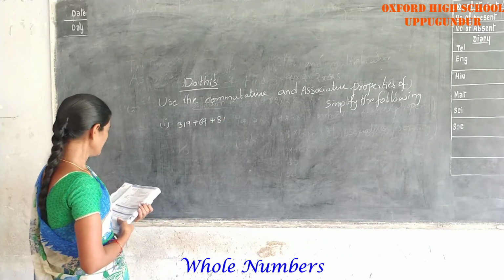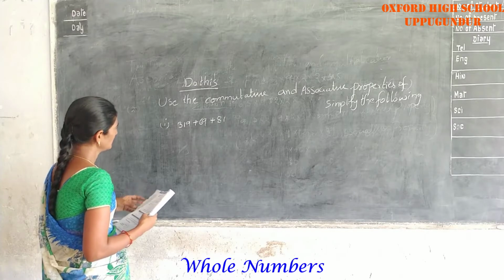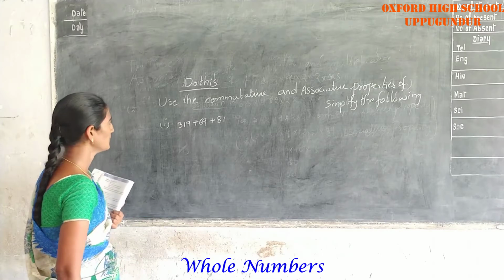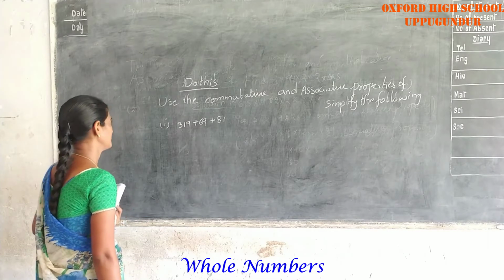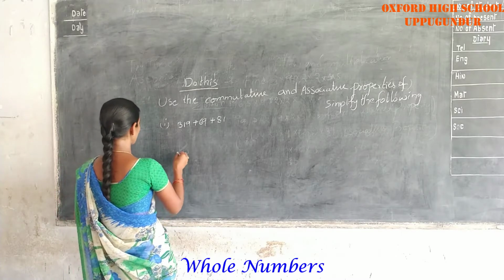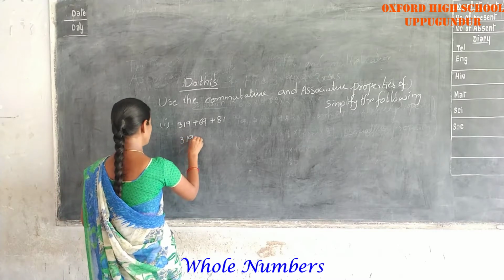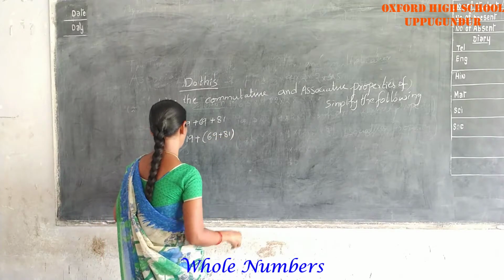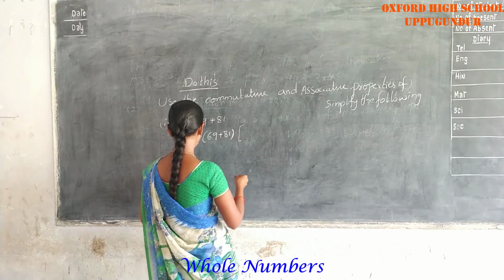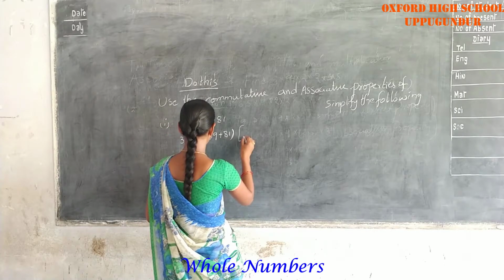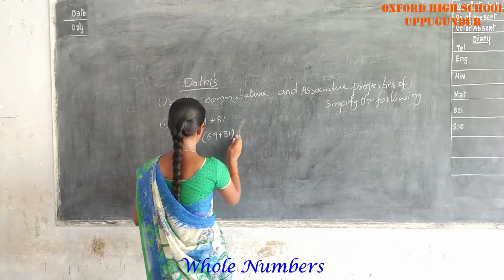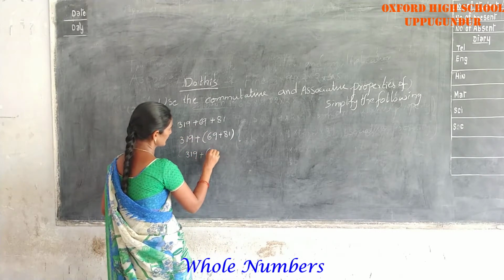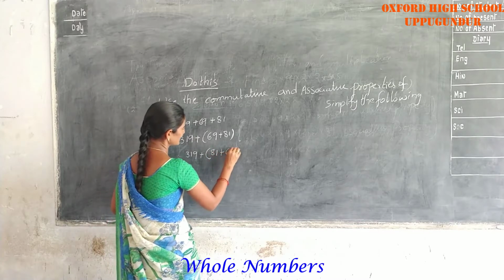This uses commutative and associative property. Do this first one: 390 plus 69 plus 81. This is commutative property. That is equal to 390 plus 81 plus 69.